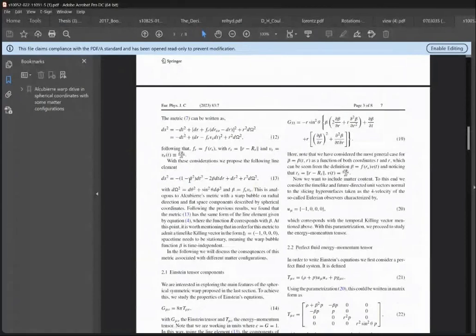Let's say that beta is just a function of time, a function of all the coordinates. In this case, r, the radius, and the two angles that are related to the spherical symmetric coordinates. So basically, this is the metric that we found.